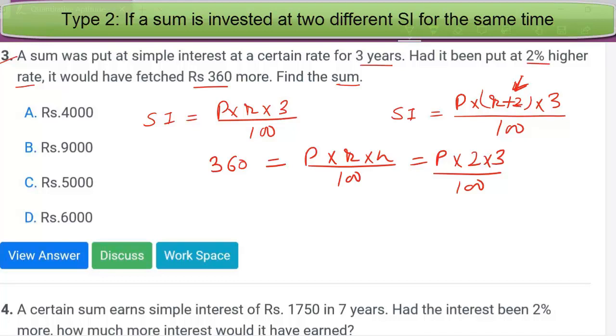Only the difference is being taken for this 360. Okay, so from here you can directly calculate P will be equal to 360 multiplied by 100 divided by 6, so that will be 6000. So 6000 is the answer, and it is option D.